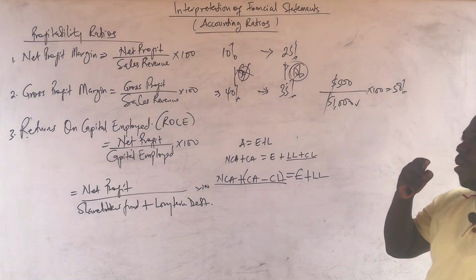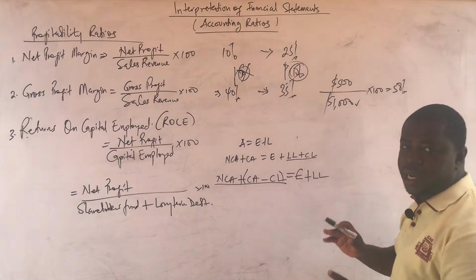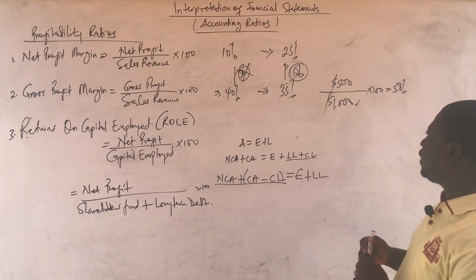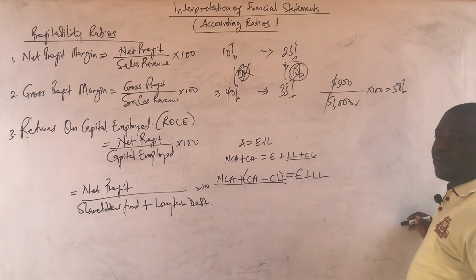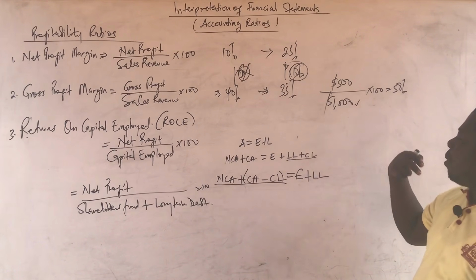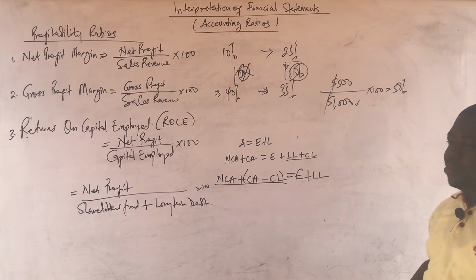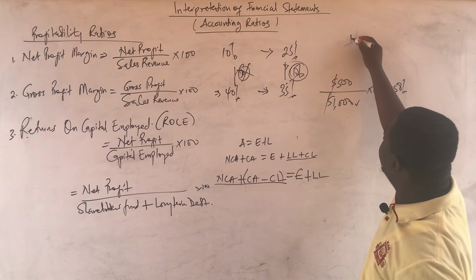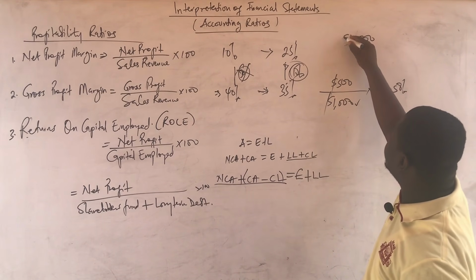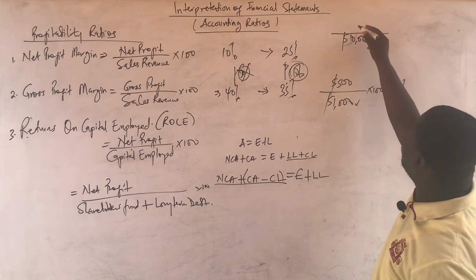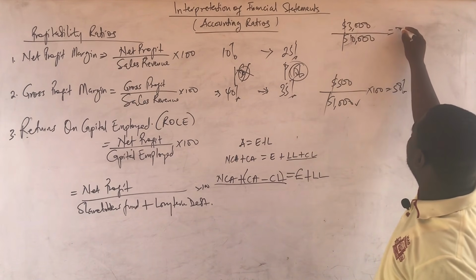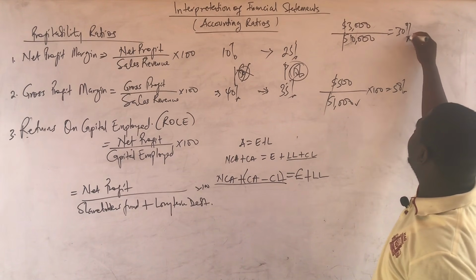So you see that interpreting financial statements, especially when it comes to profitability, is not really about absolute figures. It's about percentages. If I am a business making 500 profit on 1,000 of capital employed, that is 50%. If you were given, for example, $10,000 and you brought profit of 3,000, this is going to be 30%.